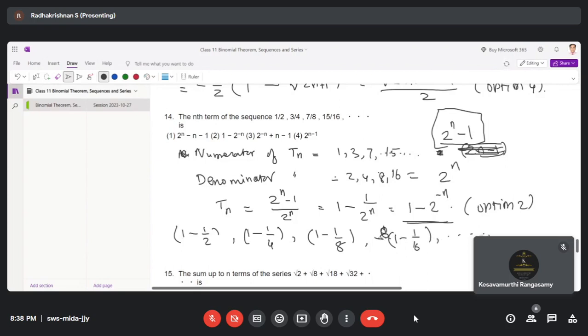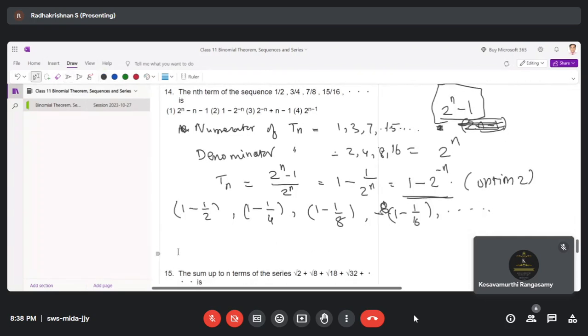So you can rewrite the given series in this way. So that means the nth term will be 1 minus 1 by 2 to the power of n, which is 1 minus 2 to the power of minus n, option 2.